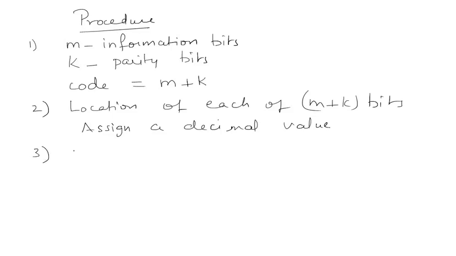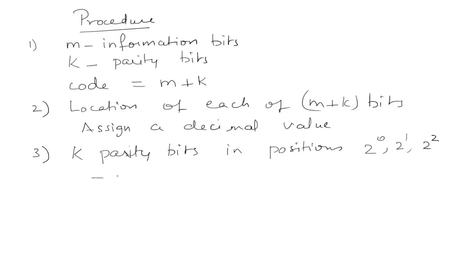After this, we have to insert k parity bits in positions 2 raised to 0, 2 raised to 1, 2 square, and the final value is at 2 raised to k position. So in these positions we need to insert the parity bits.